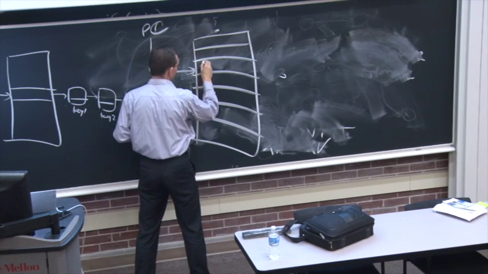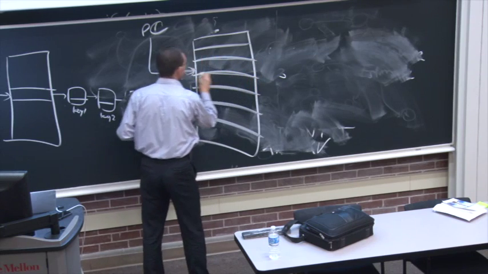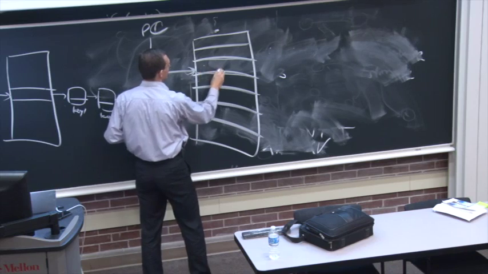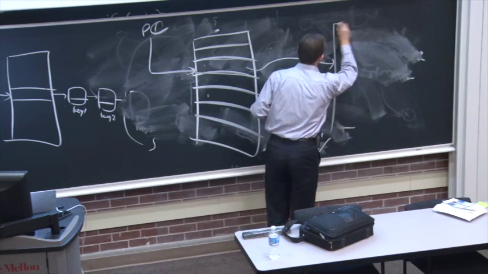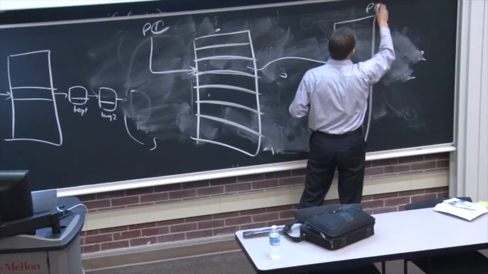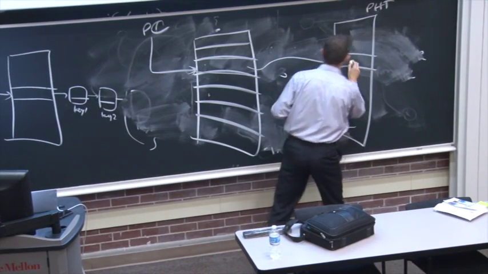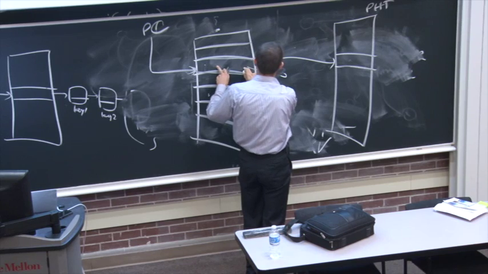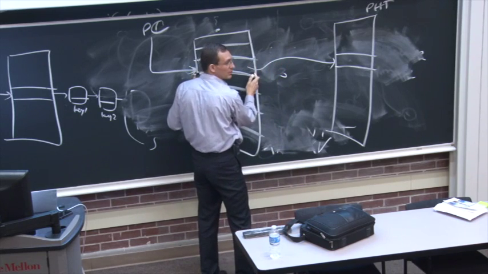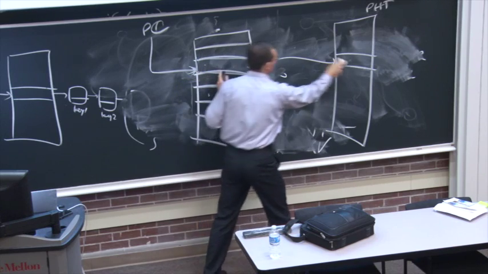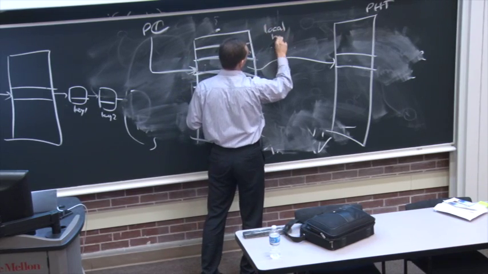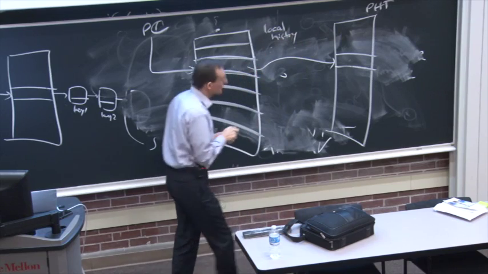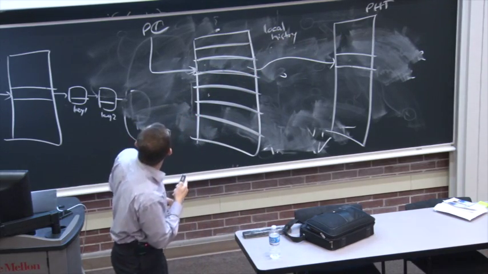This tells us what was the execution history of that particular branch the last n times it was executed. And we're going to use that to index into a pattern history table that basically tells us what was the outcome of that branch last time we saw that particular execution history. Level 1, level 2, except level 1 is now local history for that particular branch. Okay? So if you look at this, it's exactly the same thing I drew here.